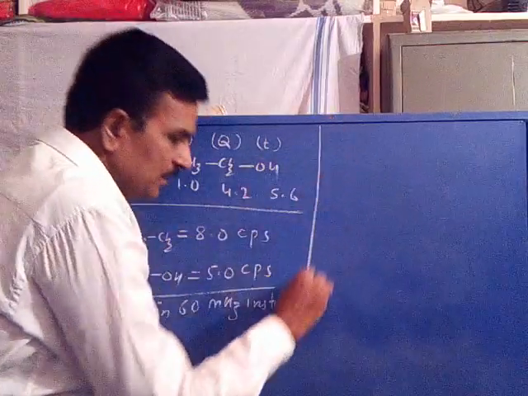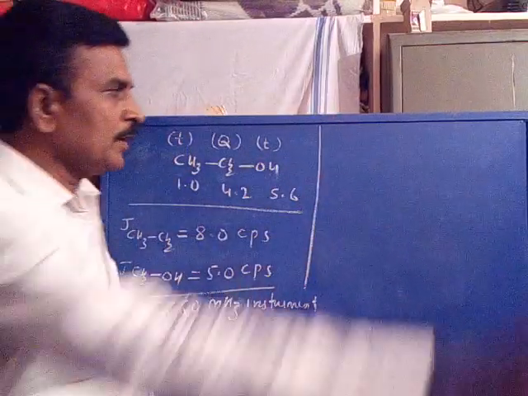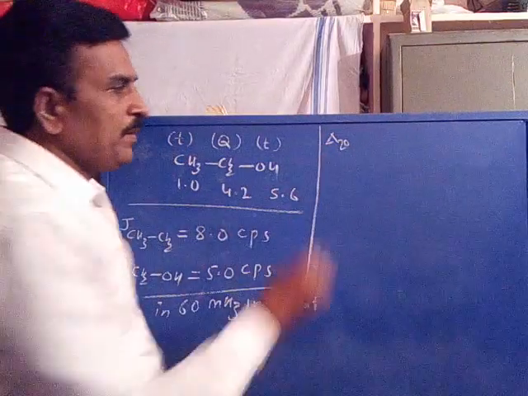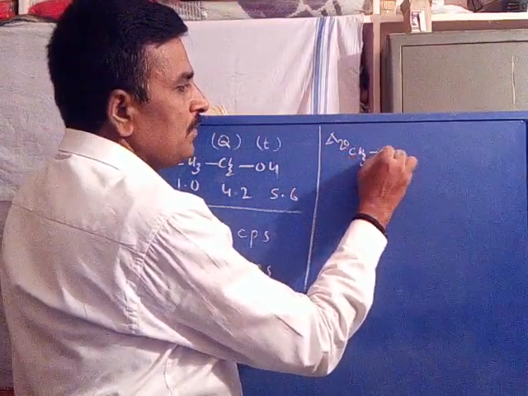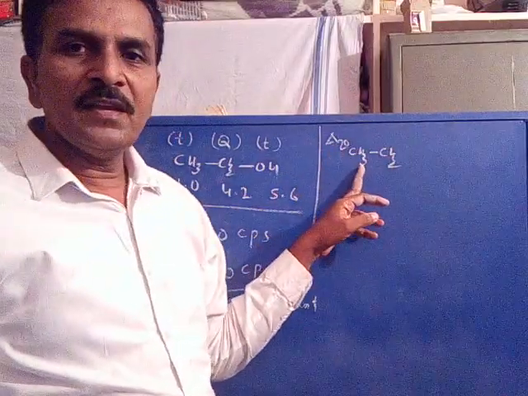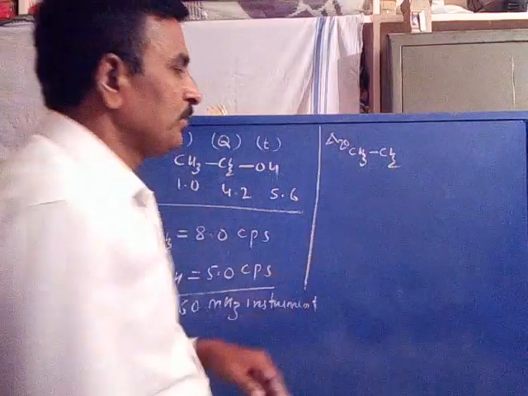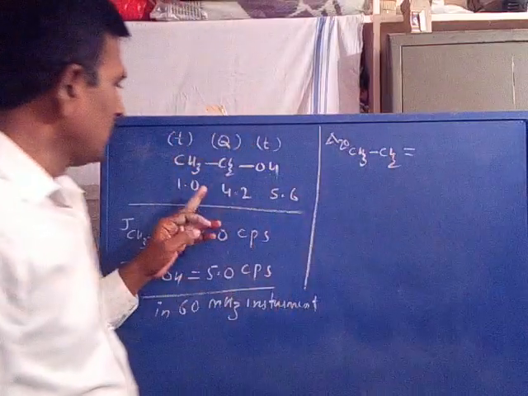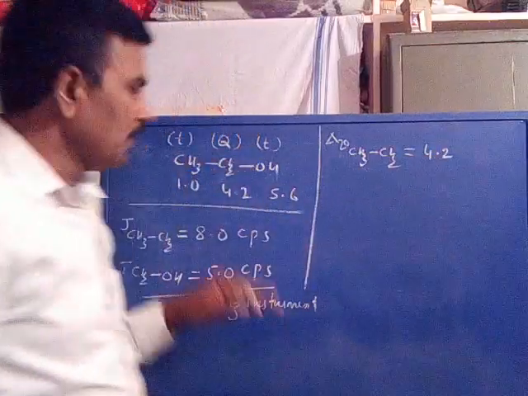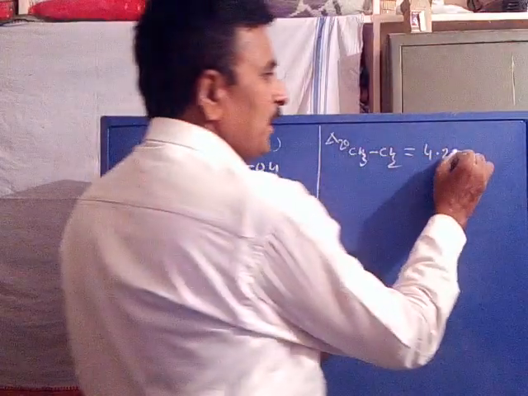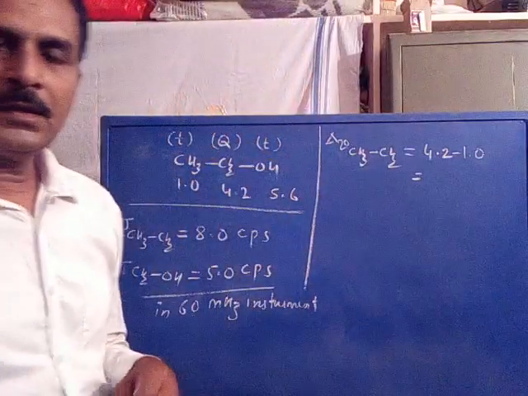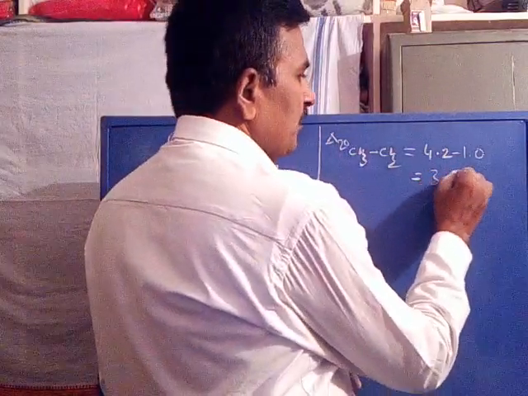Now coming to the calculation. The frequency difference, delta nu, between the CH3 and CH2 protons equals CH2 4.2 minus CH3 1.0, so we get a 3.2 ppm difference.